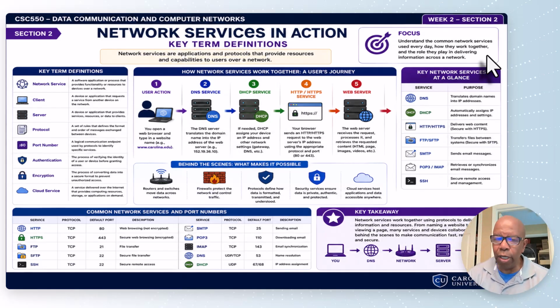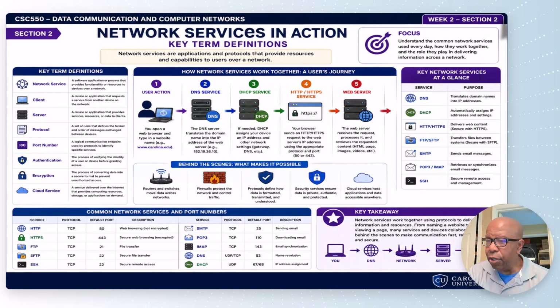These are various ways that we can pass information from point A to point B. SMTP sends email messages; we're probably all familiar with that. And then POP and IMAP, as far as email is concerned, retrieve and synchronize data. And then SSH, secure remote access and management.